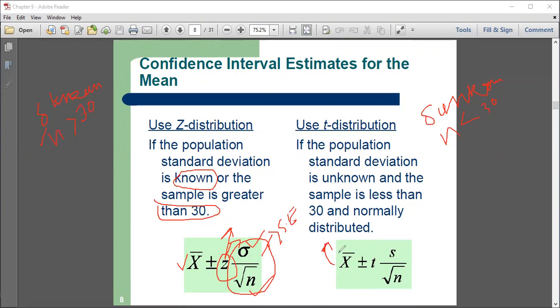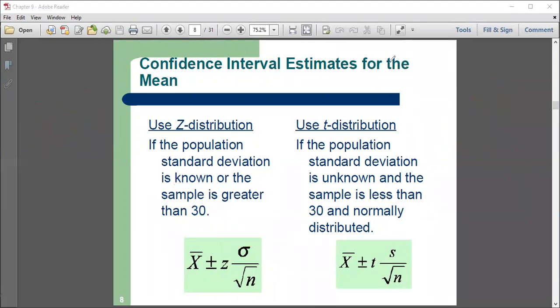These two formulas have one difference. If n is less than 30 and sigma is unknown, we will replace z with t and use the s notation for the standard deviation instead of sigma. Let's move on to the next slide.